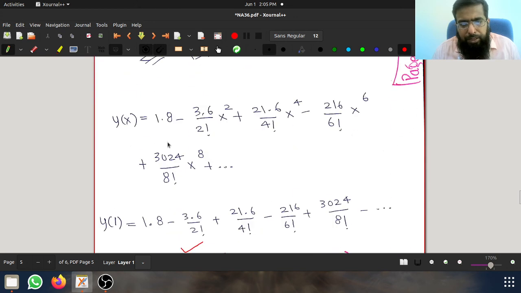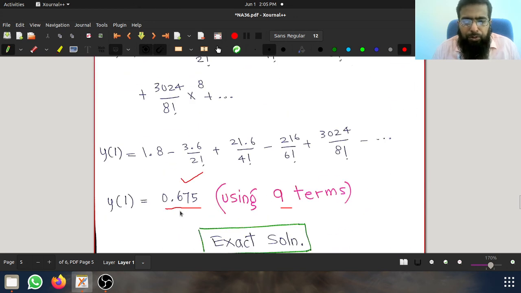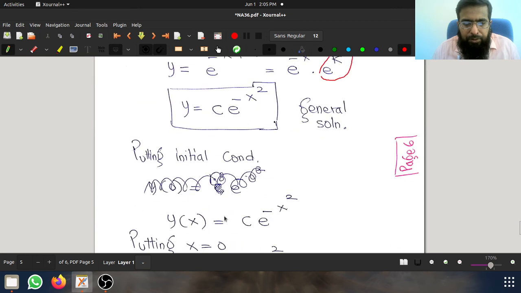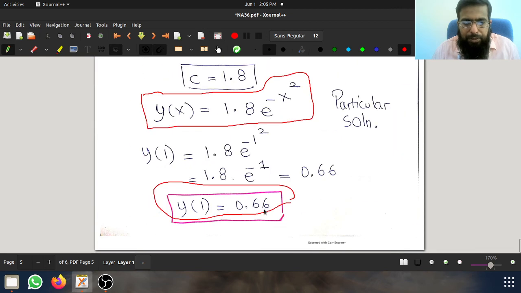So this means adding more terms will take you closer to the exact answer. If you use, instead of 9, 10, 11 or 12 terms, you would be even closer to the exact answer, 0.66.